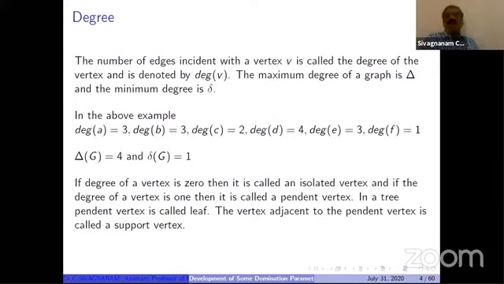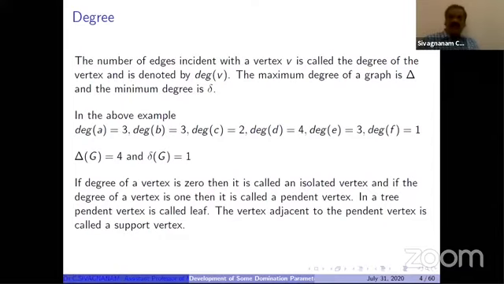What is the meaning of the degree of a vertex? The number of edges incident with a particular vertex V is called the degree of that vertex and is denoted by degree of V. The maximum degree of a graph is denoted by capital delta and the minimum degree is denoted by small delta.